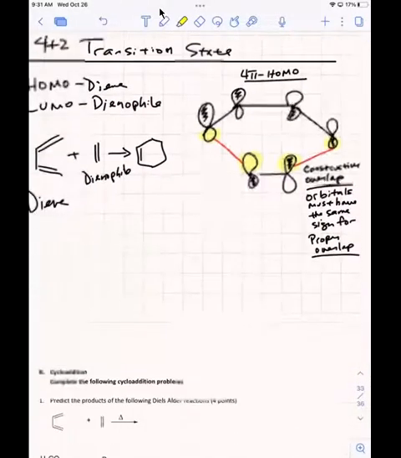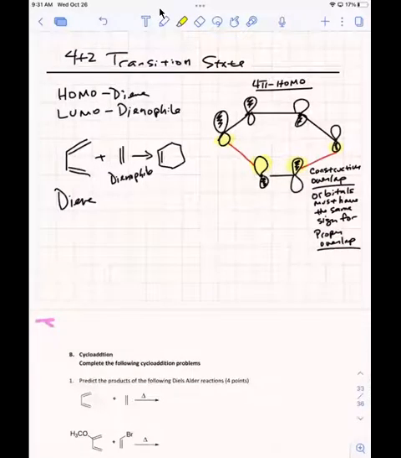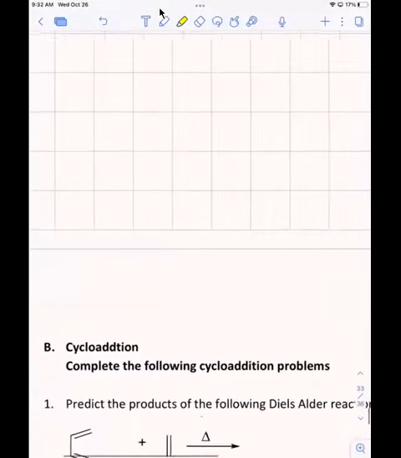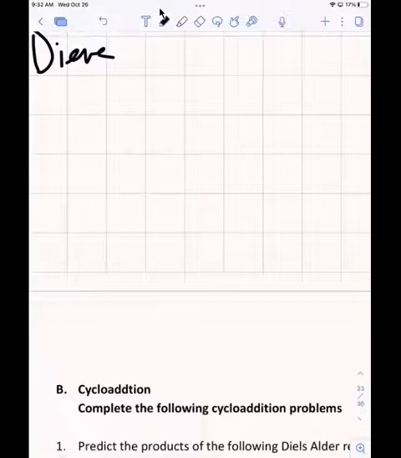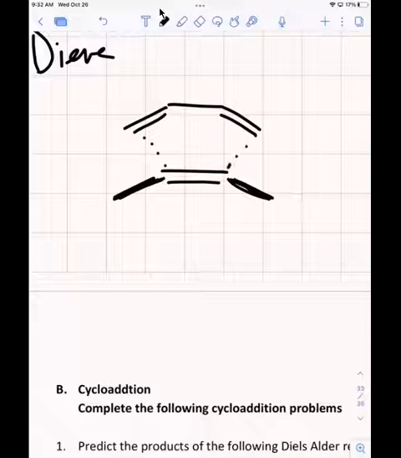So this is what the transition state of the Diels-Alder reaction looks like, and this is why it's stereospecific. Let me give you that, and then we'll start working through some of these problems for a few minutes. So if I have a diene like this and I have a cis dienophile that looks like this, when that diene comes in, there's no opportunity for those substituents on that cis double bond to rotate.